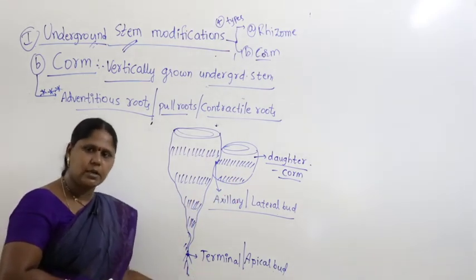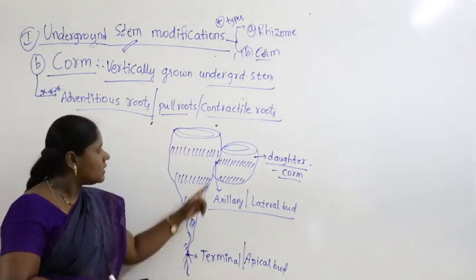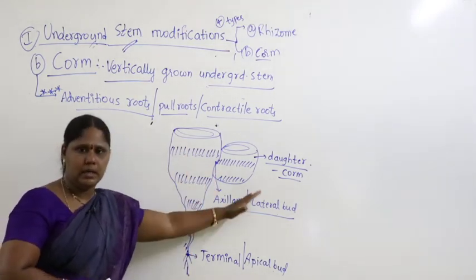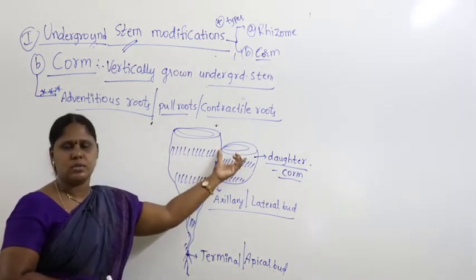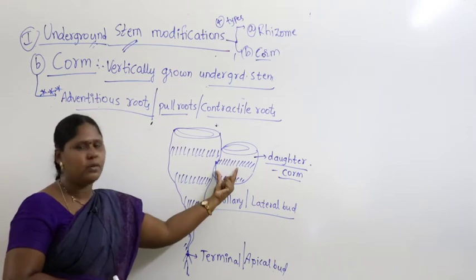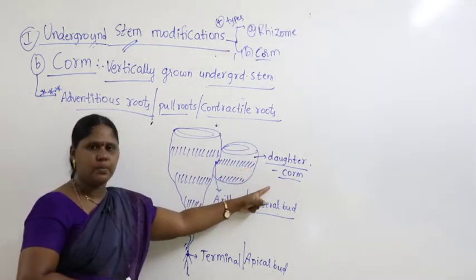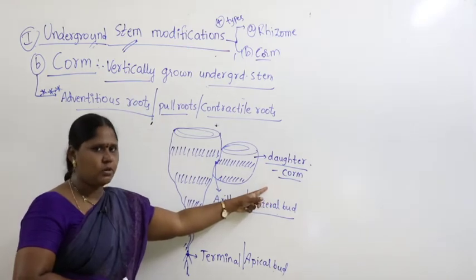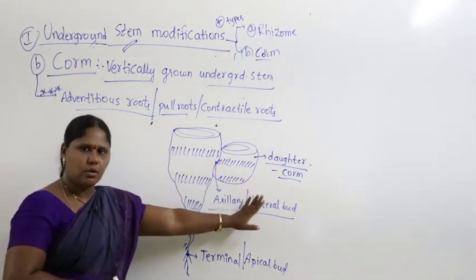It grows vertically downward, no doubt, but after growing vertically downward, it starts growing laterally. Laterally it forms another corm, smaller in size. The young bud produced here is called a daughter corm. I hope you got the point, right? Axillary bud, lateral bud gives rise to a daughter corm.